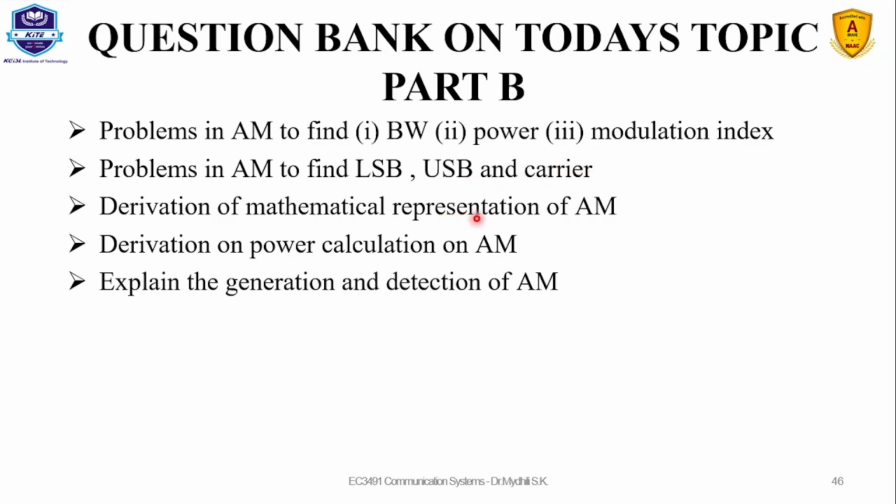And derivation of the mathematical representation of AM, and sometimes derivation of power calculation. Simply, the same question can ask about the generation and detection of AM. In Part A, they can ask only about the bandwidth calculation for 2 marks, or sometimes only the modulation index calculation for 2 marks.